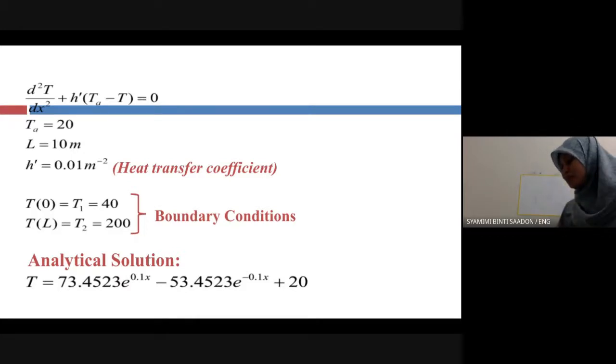So we separate the heat transfer equation into two first order equations: dT/dx equals Z, and dZ/dx equals 0.15 T. We separate it into two different first order equations, and we will apply the initial value method.